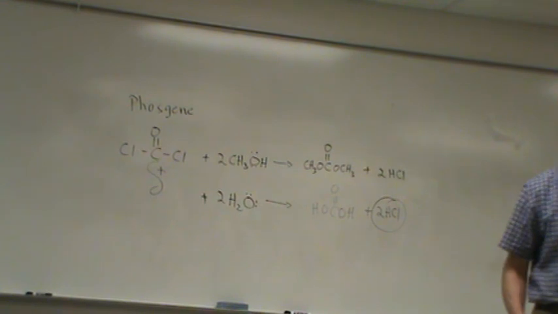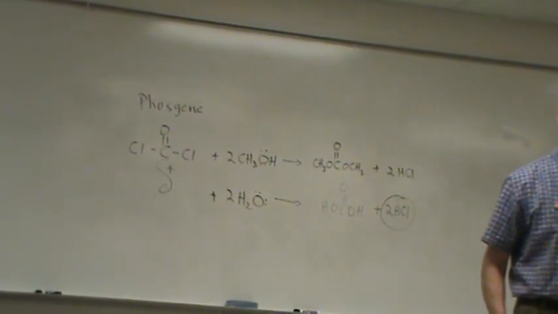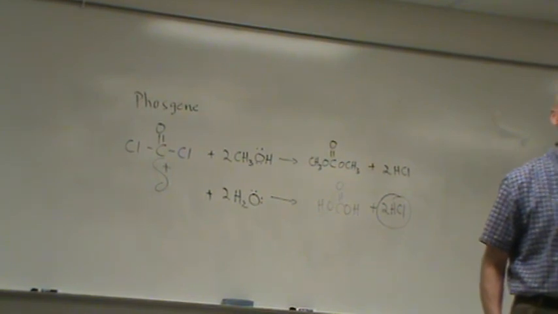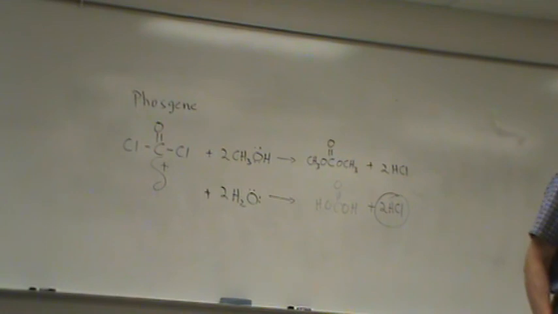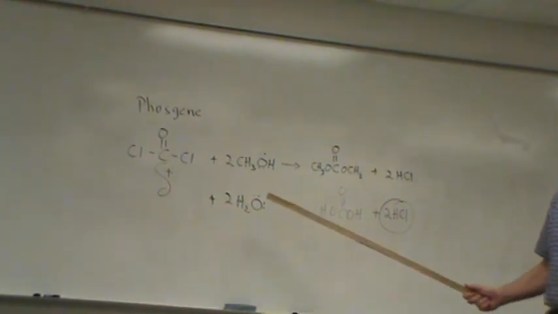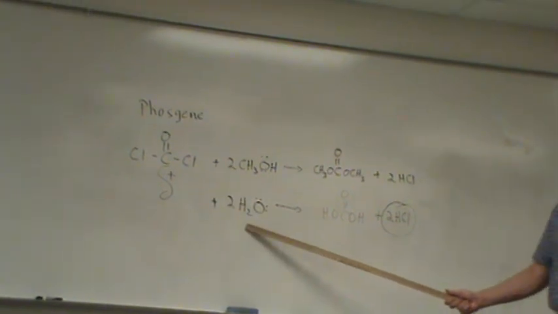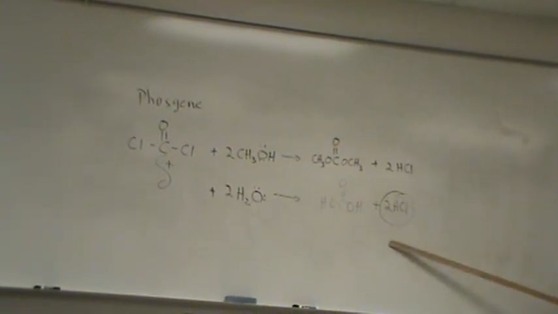What's in your lungs? Okay, you got, of course, oxygen in there, but you got water in there too, from water vapor and so on. Not a huge amount, but you have it in there. So you breathe this in, it reacts with the water in there, and guess what ends up in there?